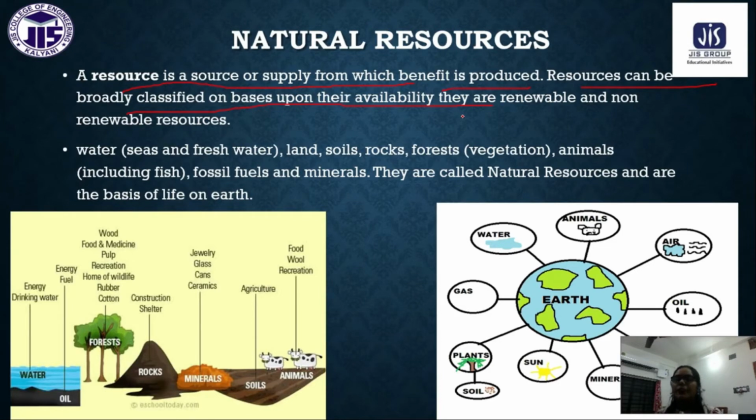And non-renewable resources, if we are using them, at some time they will be finished; they are exhaustible. So that is non-renewable. What are the natural resources? Generally we have water, land, soil, rocks, forest, animals, fossil fuels, minerals. They are all called natural resources.